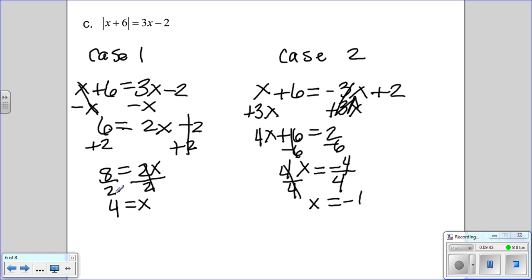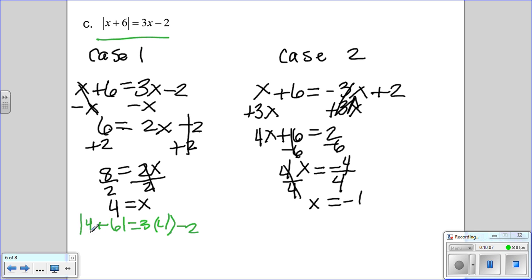Okay, so I'm going to check in green here. You go back to the original equation up here, and you plug in your solutions. I'm going to start with x equals 4. I need to check that the absolute value of 4 plus 6 is equal to 3 times 4 minus 2.